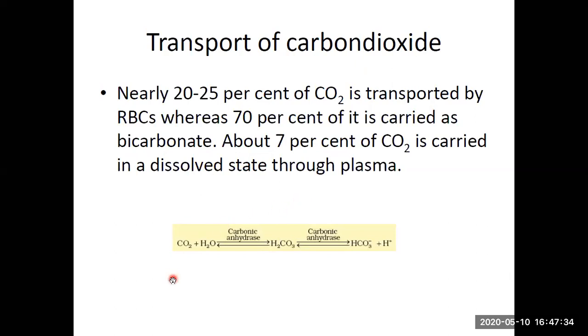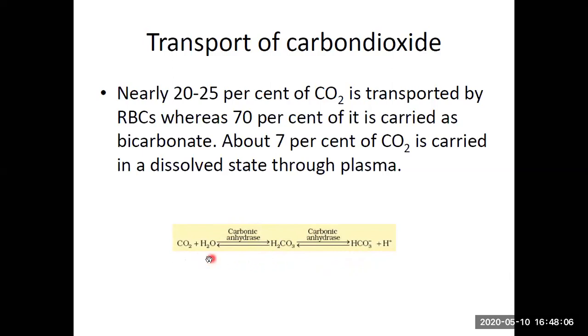This is the reaction: carbon dioxide plus water, with the help of the enzyme present in RBCs, carbonic anhydrase, which shows the power of 6 lakh molecules per second produced by this enzyme as it accelerates the rate of reaction. This is carbonic acid, and the same enzyme converts it into bicarbonate ions and hydrogen ions. Carbon dioxide binding is also according to the partial pressure of the gases.